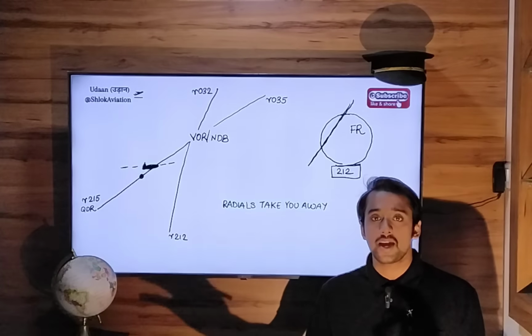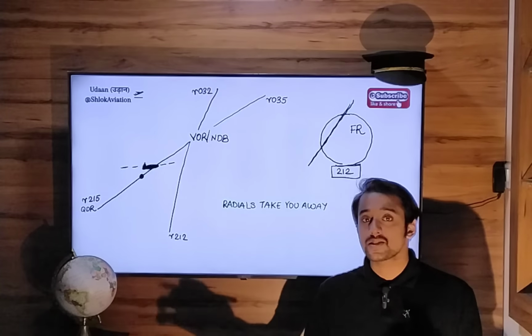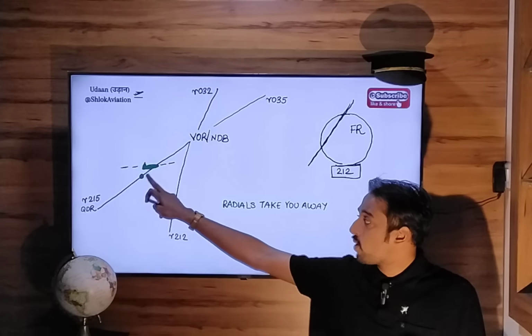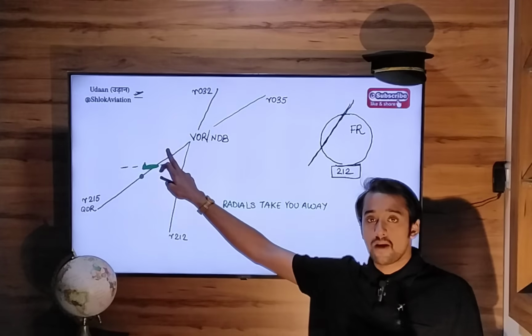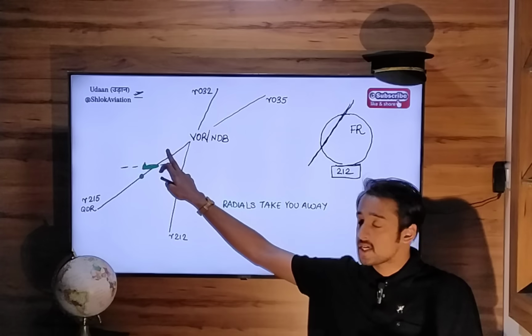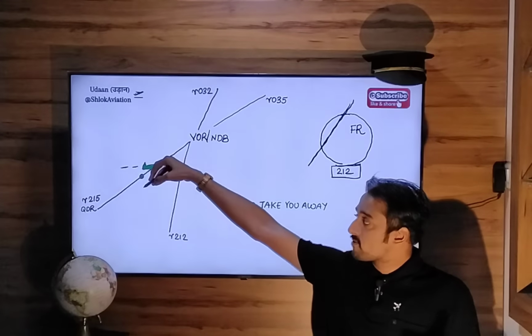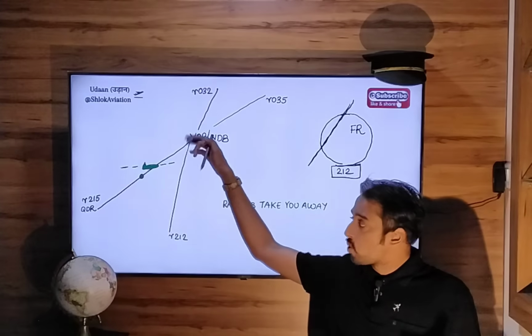Irrespective of your aircraft heading, the VOR system is concerned only about your position. The VOR detects that you are currently on radial 215, and that you have put radial 212. So with respect to 215, radial 212 is going outbound.